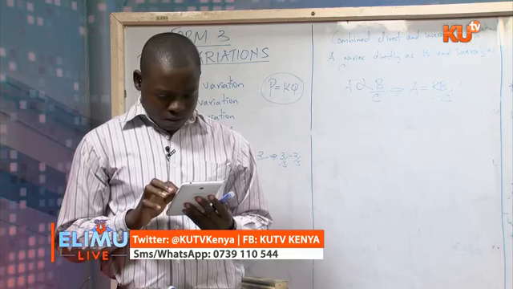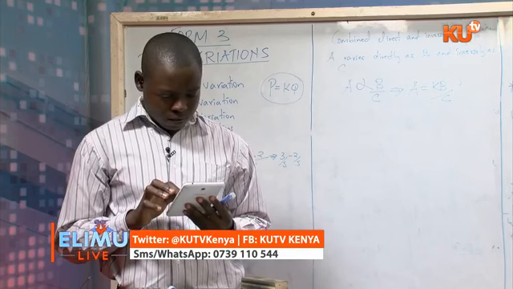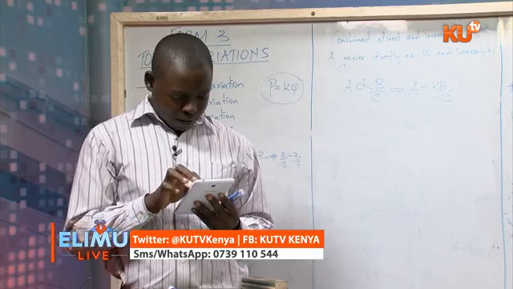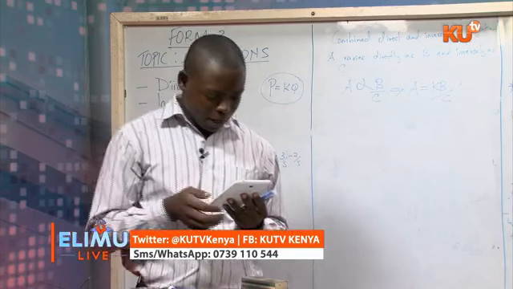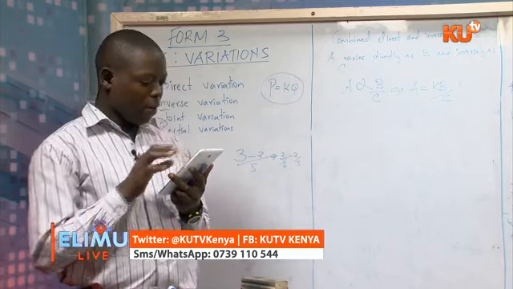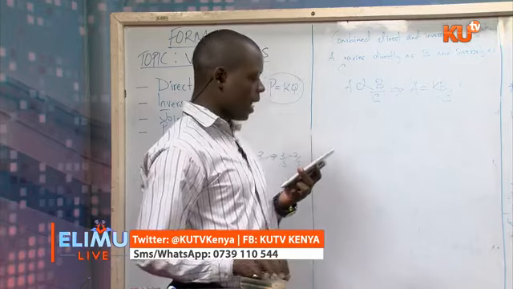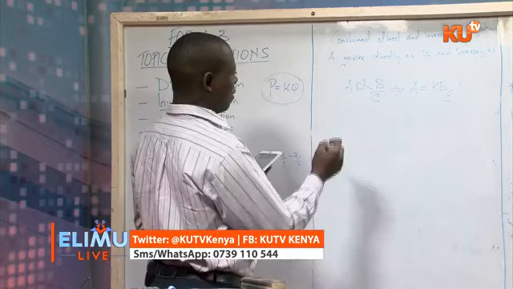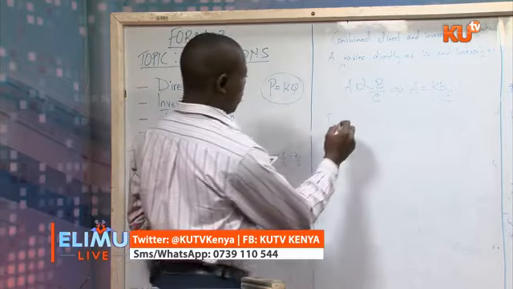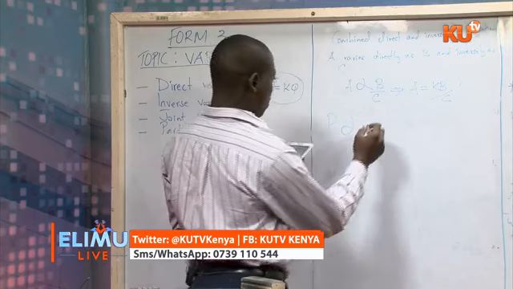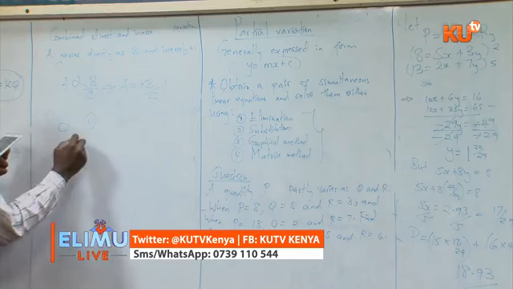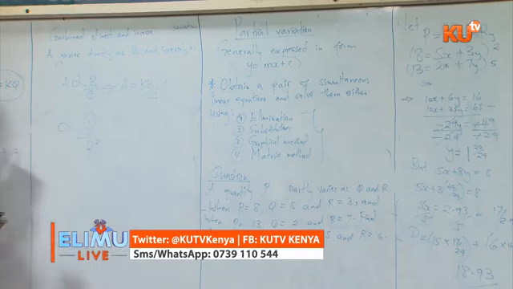My question is, we are told that 3 variables, P, Q, and R are such that P varies directly as Q, and inversely as the square of R.